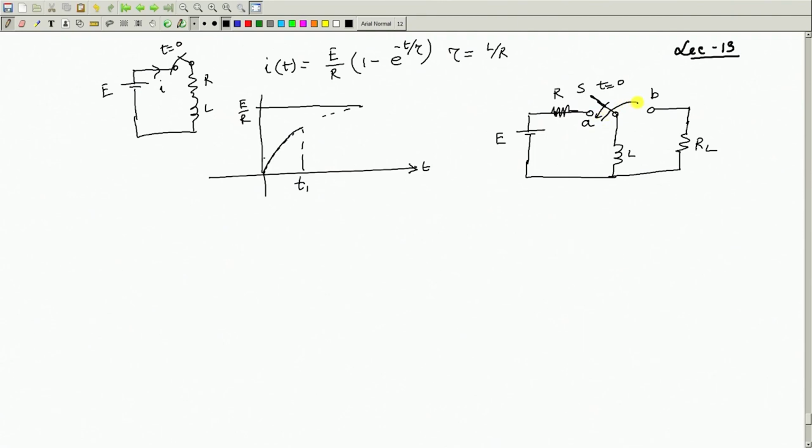So, this switch is moved from position A to position B at t equal to t 1. Got the point?